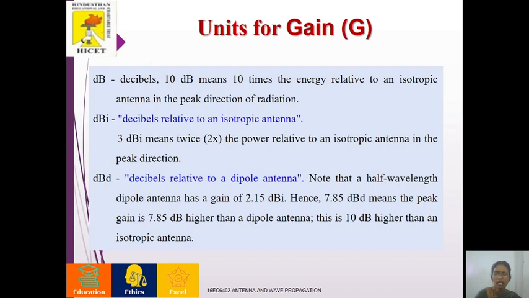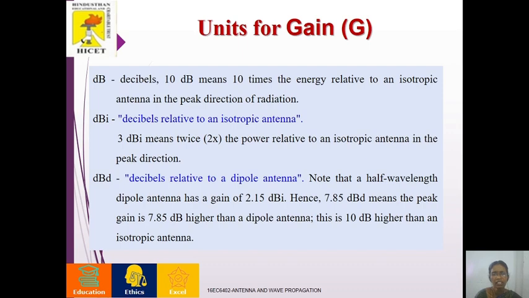That is, a half wave dipole antenna with a gain of 2.15 dBi can be said to have 7.85 dBd higher than that of a dipole antenna. That is 10 dB higher than the isotropic antenna, it is 10 times higher than an isotropic antenna.